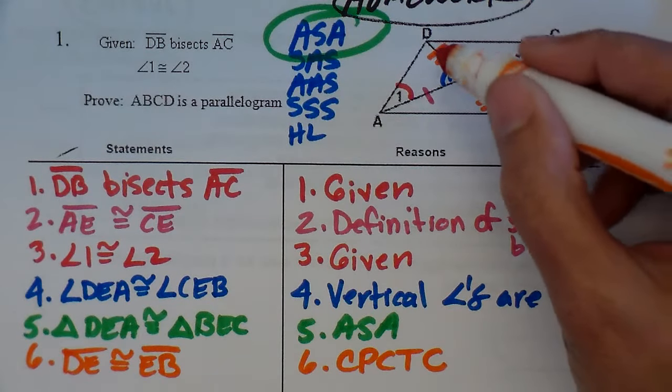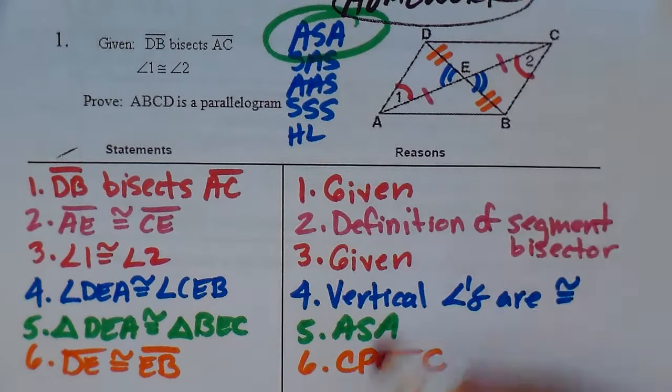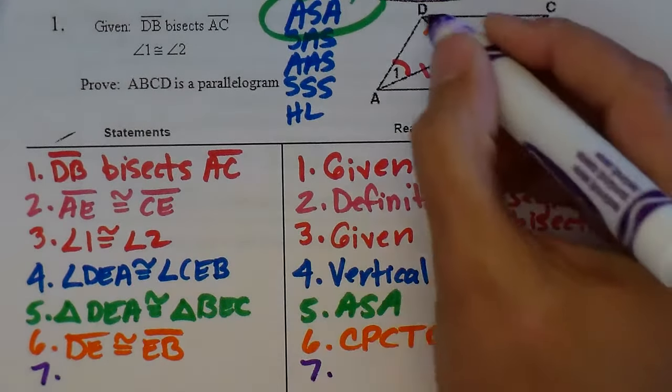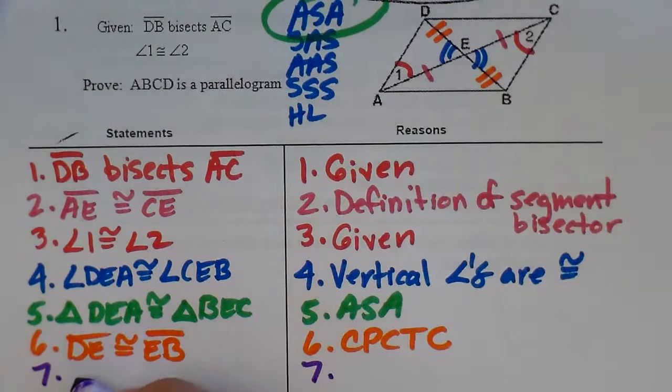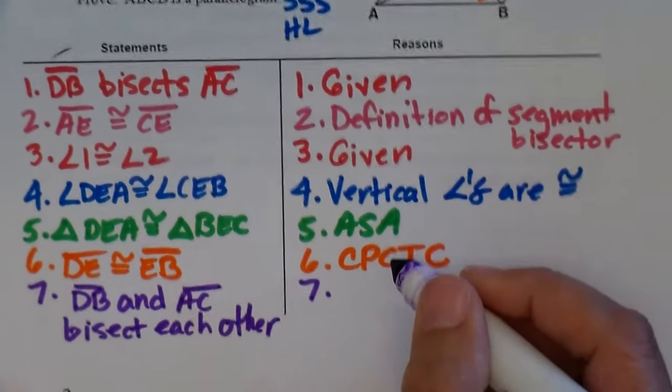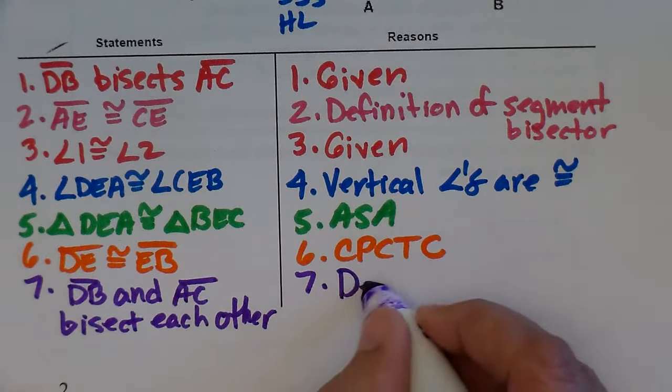So BE and DE are the same. Do you notice what I have now? I can now say that DB and AC bisect each other. Why can I say that? That's just the definition of bisector.